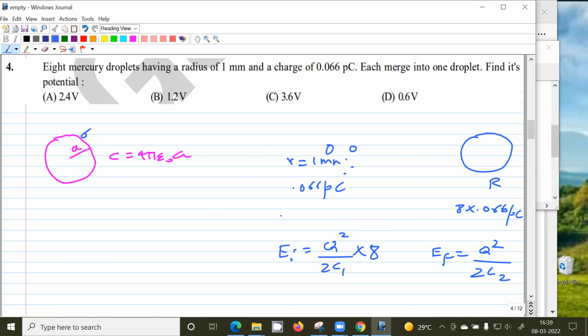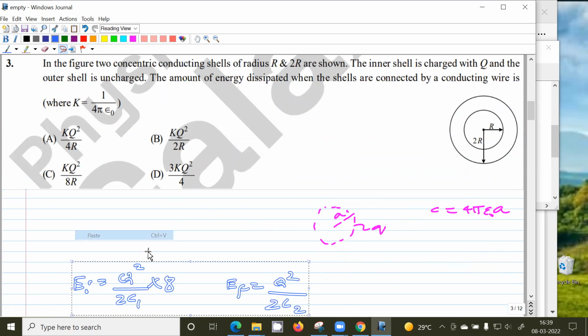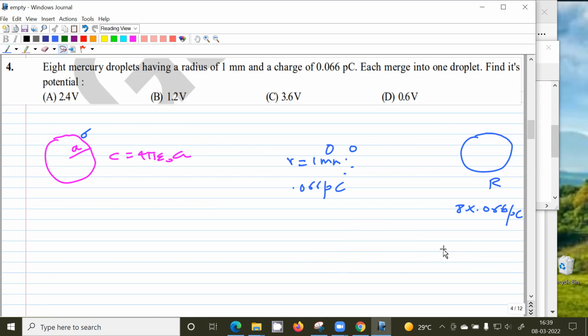Yeah. Okay. This is the previous question. So potential is Q by C. Oh, K Q by R. K Q by capital R. Can I type it like that?